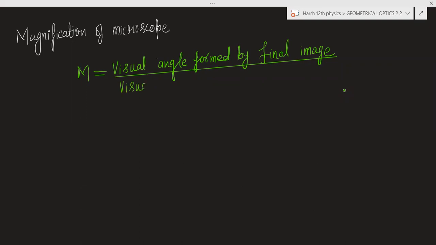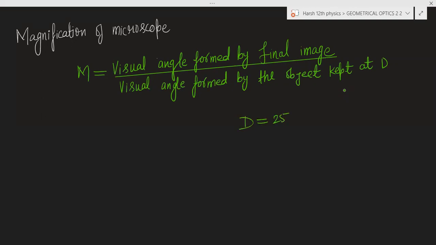Visual angle formed by the object kept at D. Now what is D? D is equal to the 25 centimeter distance.